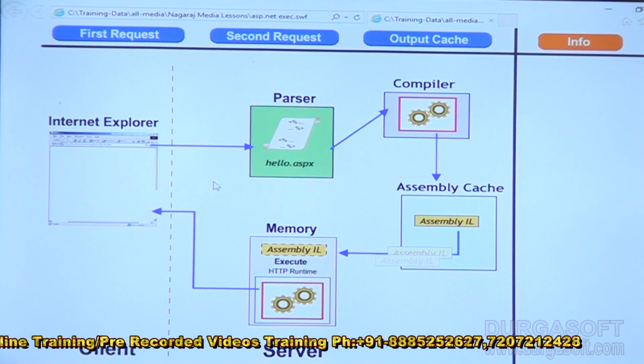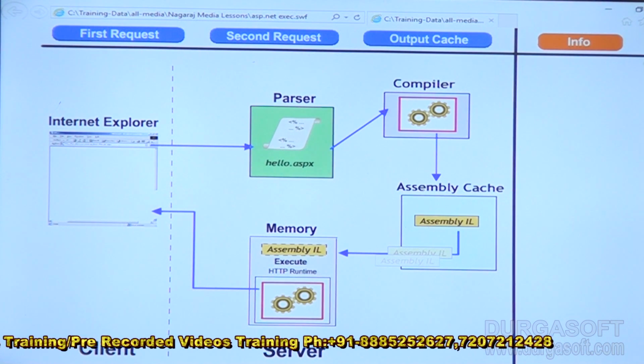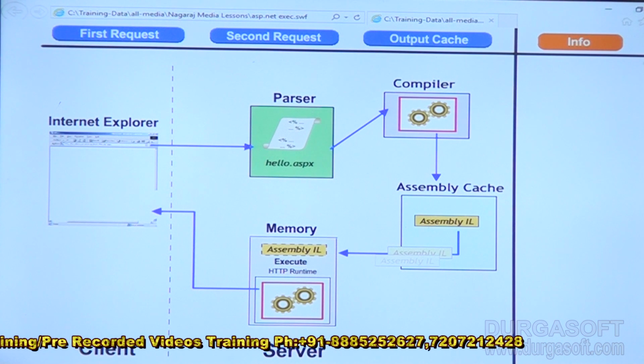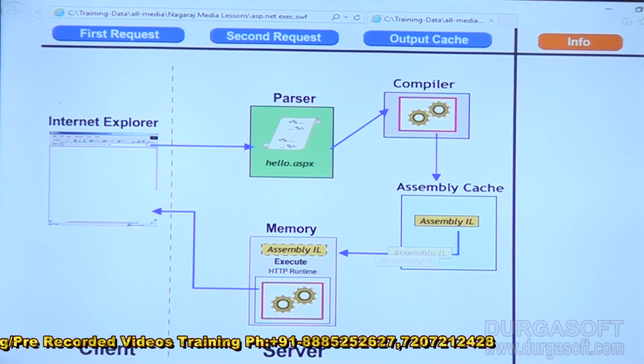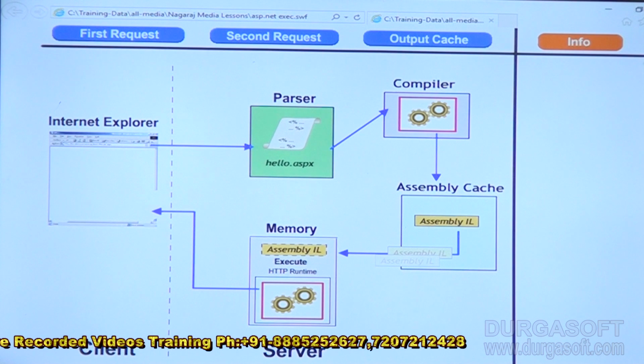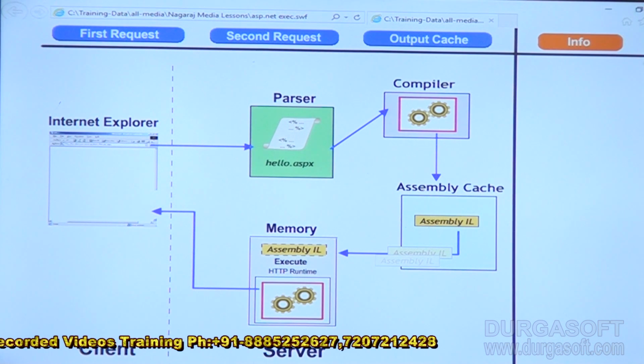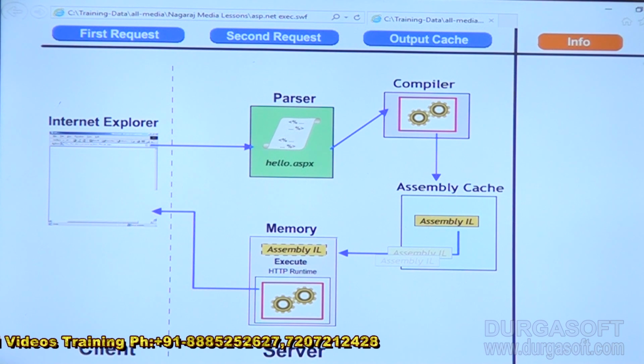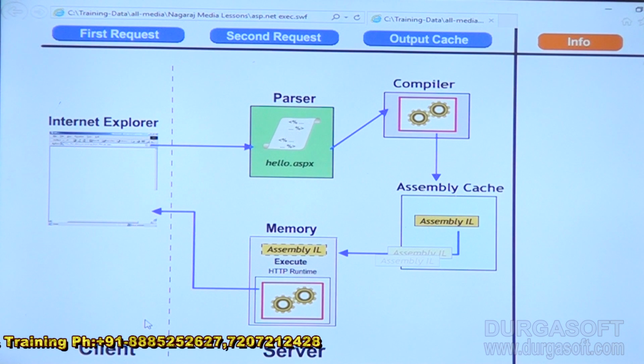But before we write how many types of caching we have and come to a lower level of topic, ASP.NET has many methods of caching. Some of them it will do internally and some it asks the developer to do. Our main thing is what it provides for the developer to do, that we will use mainly.